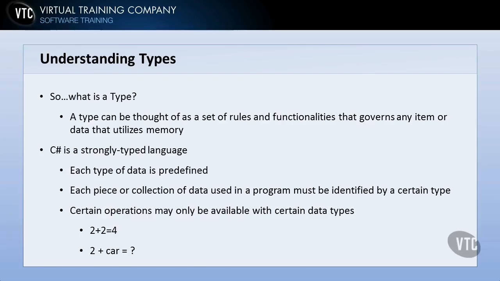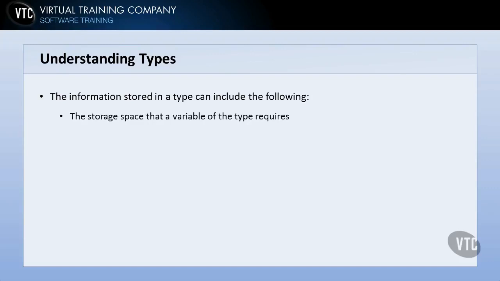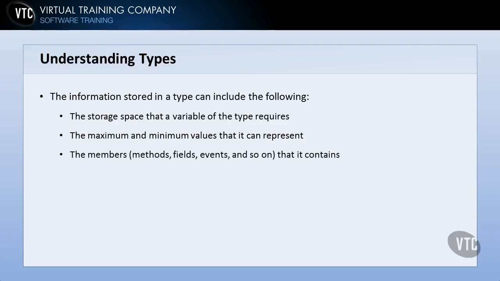Now, the information stored in a type can include the following. When we look at a data type, for example, in C#, that is going to determine the storage space that variable requires. So how much memory is it going to take to utilize a variable that's of the integer data type, the maximum and minimum values that can be stored or represented by that memory location or by that variable, the members, methods, fields, events, and so on that it contains when we're talking about things like classes and structs and so forth, the base type that it may inherit from.